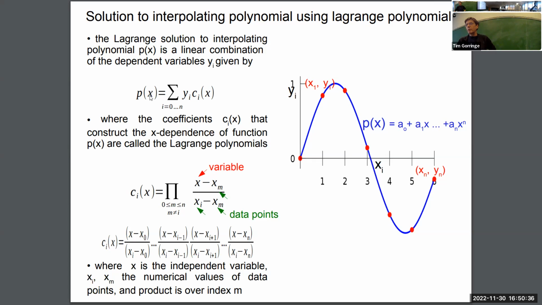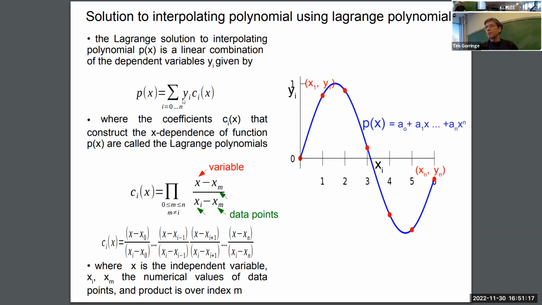Here's the polynomial, a function of x, that goes through the measured data points. And the Lagrange solution to that polynomial is given by this little expression here, where on the left-hand side is the polynomial, and on the right-hand side is a sum over the n plus 1 data points.